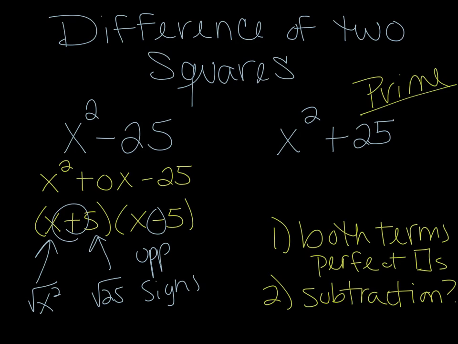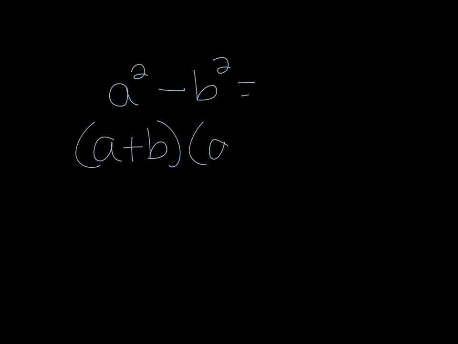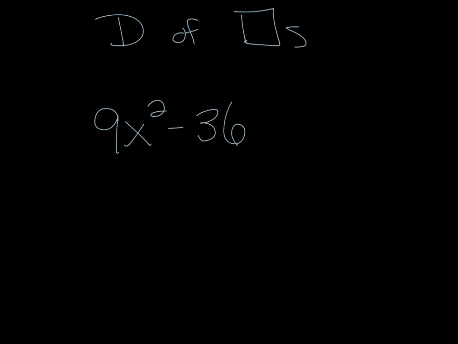If we put a negative in front, then we could rewrite it as 25 minus x squared, and now it's factorable, it's just backwards: 5 minus x and 5 plus x. A squared minus b squared factors into a plus b and a minus b, no matter what you have there.